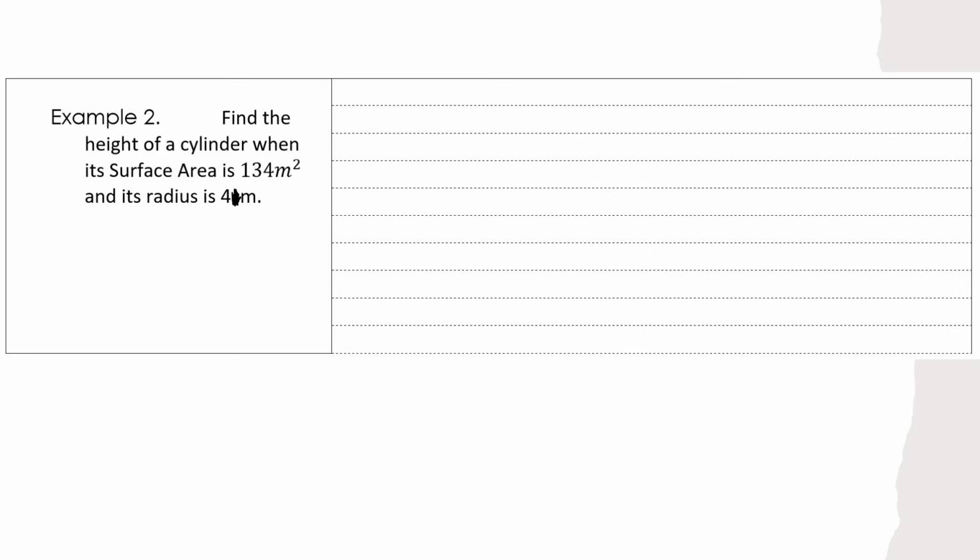Okay, so our surface area formula, if we think about it, we've got two circles, so 2 lots of pi r squared, plus a rectangle, which is made up by base times height. Our base is our circumference, 2 pi r, times the height. So that's our surface area formula for a cylinder. All right, now let's sub in the values that we know. We know that the surface area is 134.